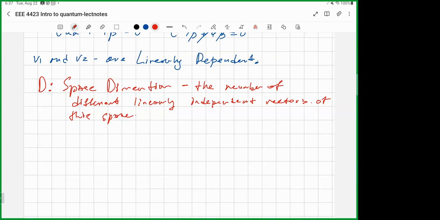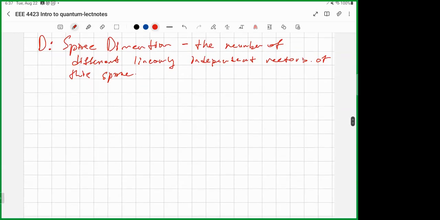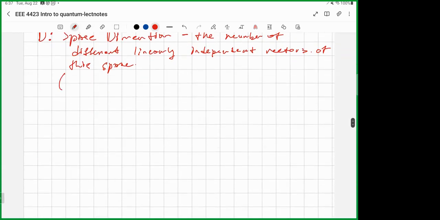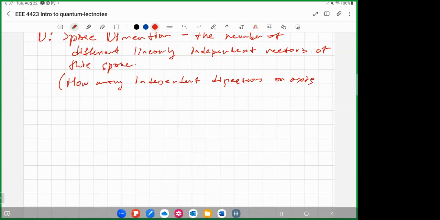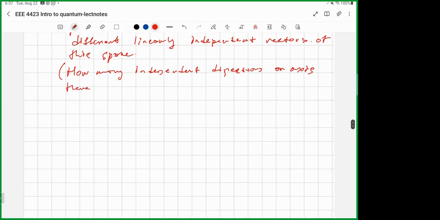Or in other words, it is how many independent directions or axes there are in this space.